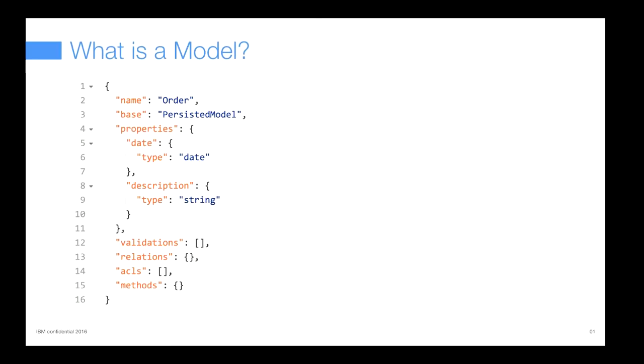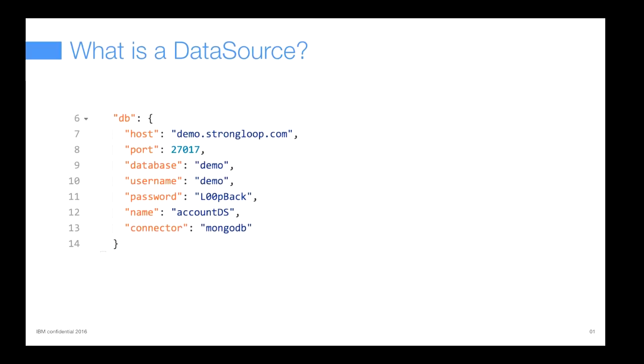And then some of these other things I'll get into in a little bit: validations, relations, access controls, and methods. But the important thing to understand about a model is it's the structure of your data, and it also includes the remote methods or JavaScript methods for interacting with your data. And I'll show you in a couple of examples.